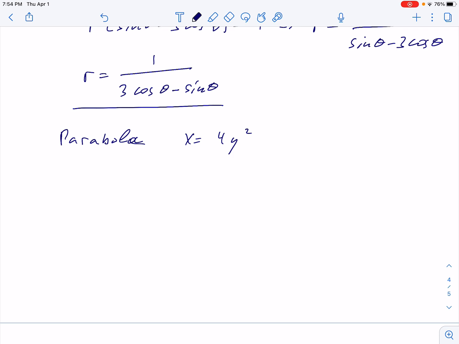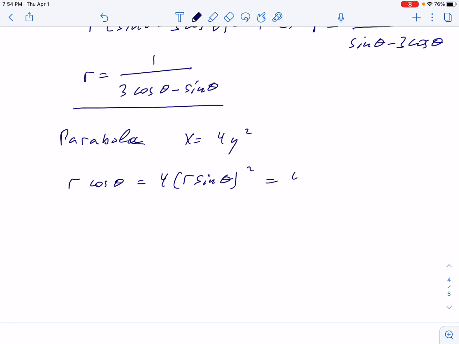What will be the polar equation for this? We write r cosine theta, replacing x and y by the polar expressions, equals 4 times (r sine theta) squared.